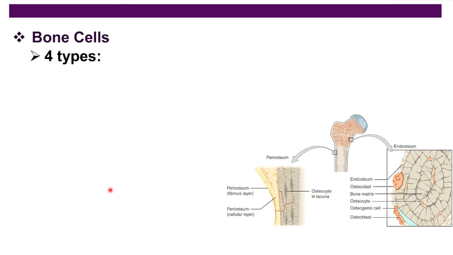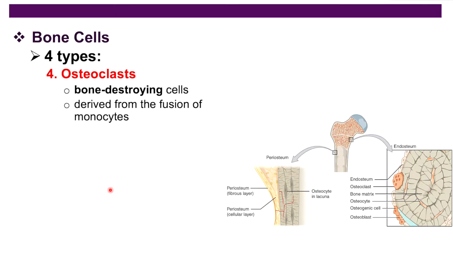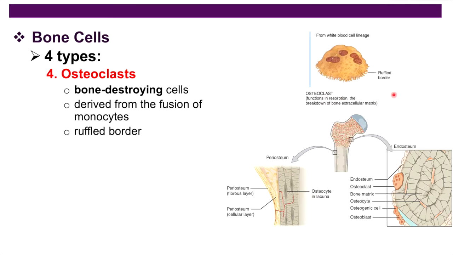The fourth type of cells are the osteoclasts, which are huge cells derived from the fusion of as many as 50 monocytes. A monocyte is a type of white blood cell. As seen in this picture, the plasma membrane on the side of the osteoclast that faces the bone surface is deeply folded into a ruffled border.